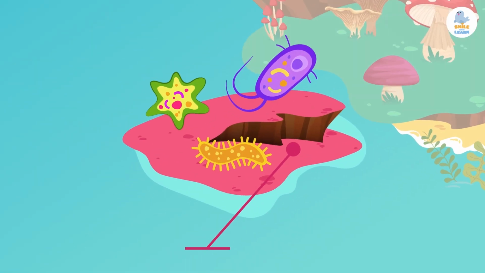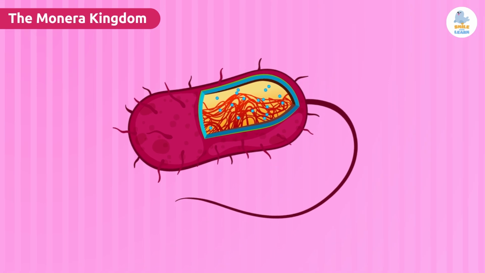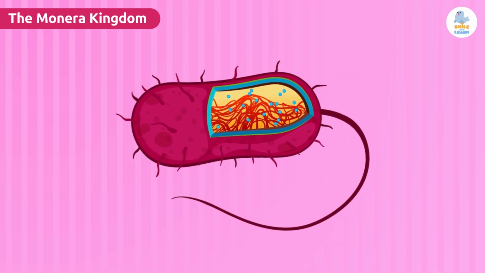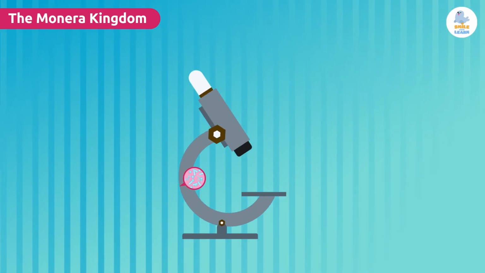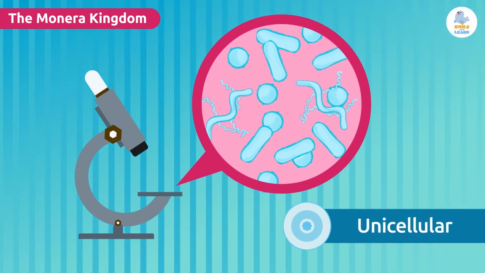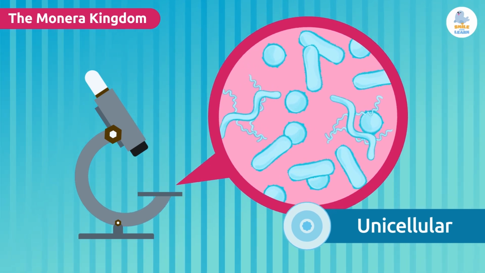The Monera Kingdom. The Monera Kingdom is characterized by the simplest and most primitive forms of life. It is made up of unicellular organisms. These organisms are so small that you can only see them with a microscope.